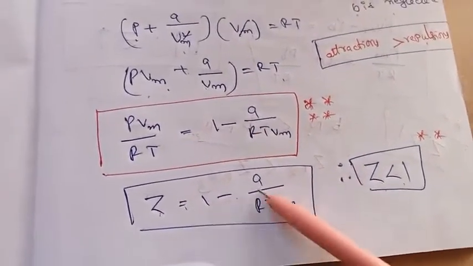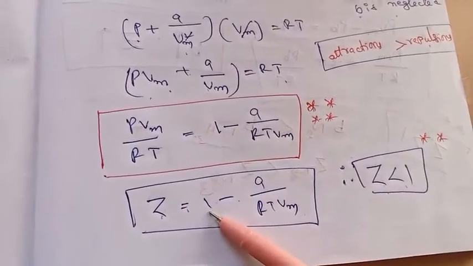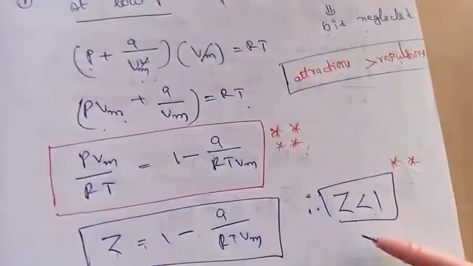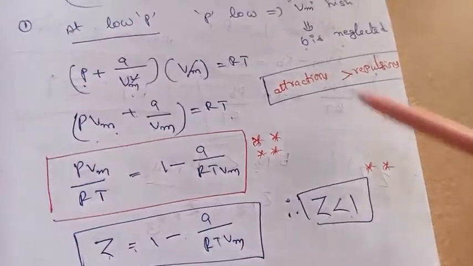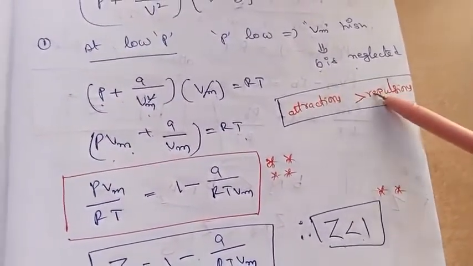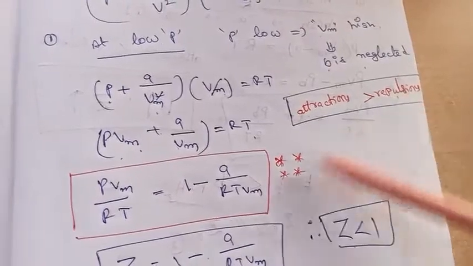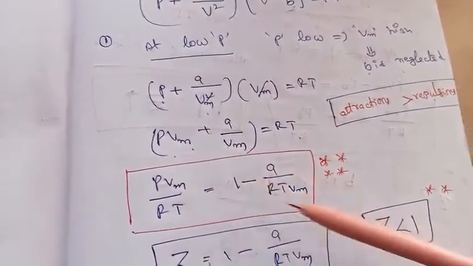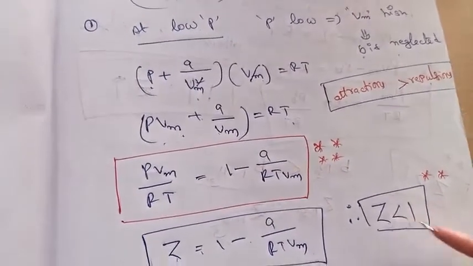1 minus something is less than 1. So at low pressure Z is always less than 1, which means attractions are higher compared to repulsions. So liquefaction of gases is easier, because Z is less than 1.